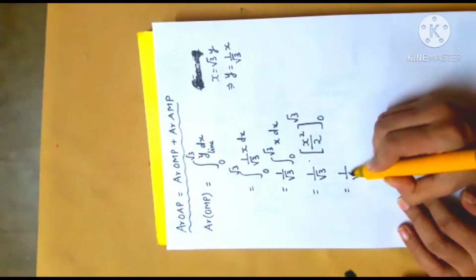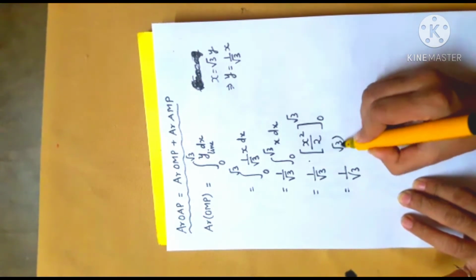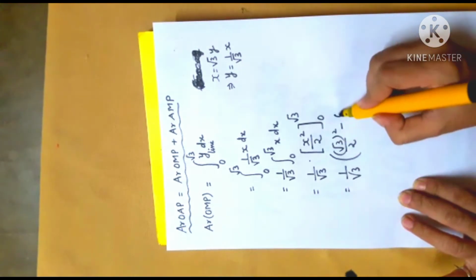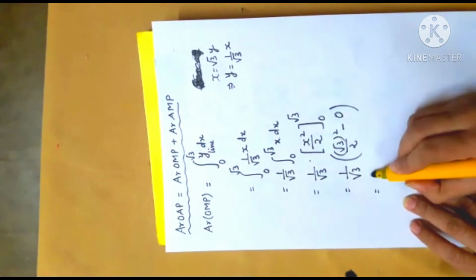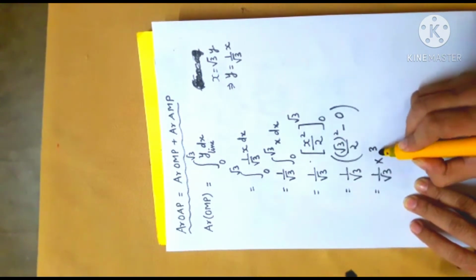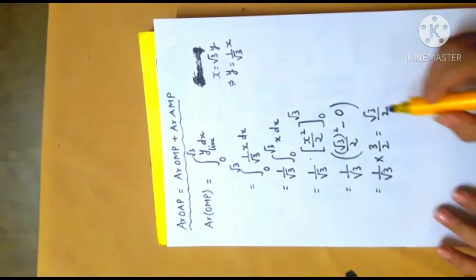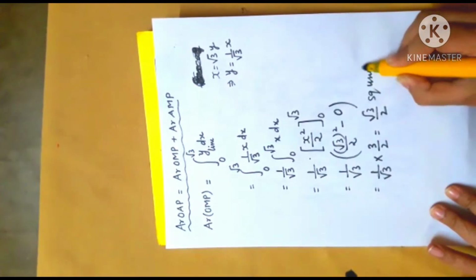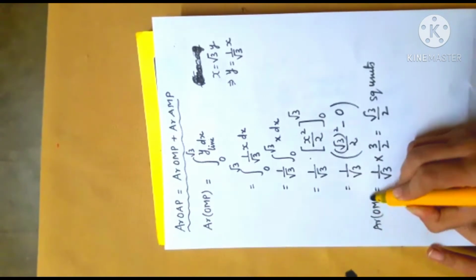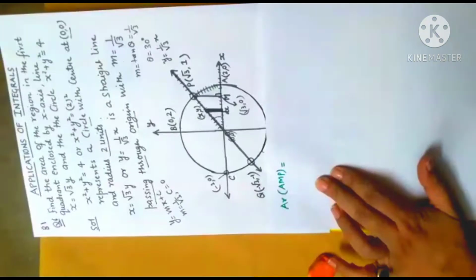So I get 1 over root 3 times the value at the upper limit, that is root 3 square by 2, minus the value at the lower limit, which will be 0. So I'll get 1 over root 3 into 3 by 2, that is root 3 by 2 square units. So area OMP is root 3 by 2 square units.